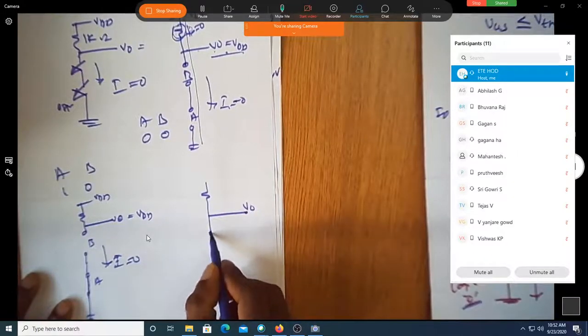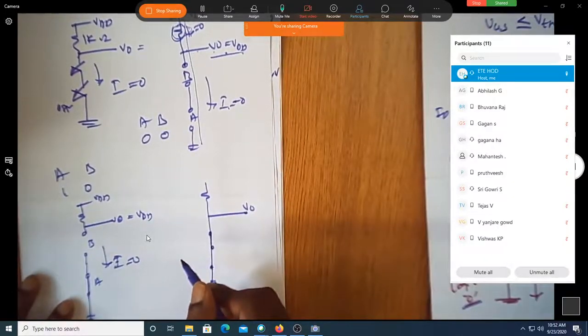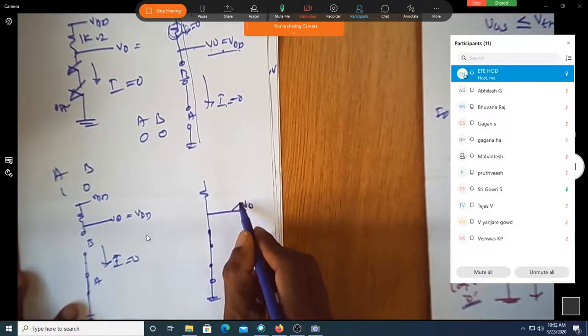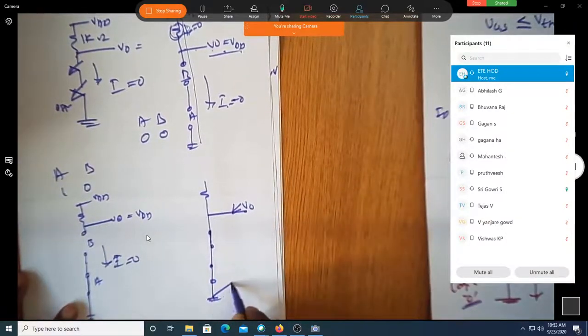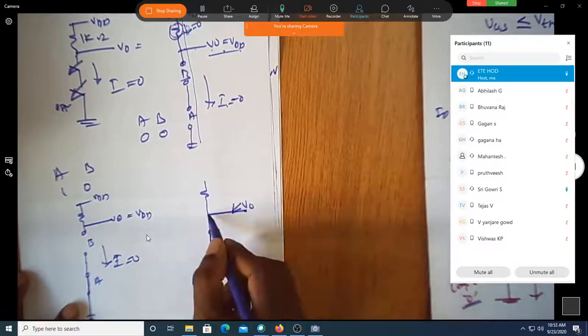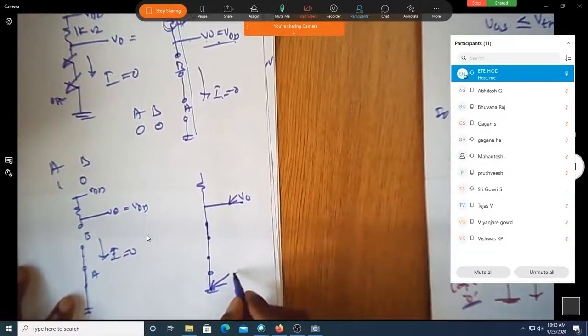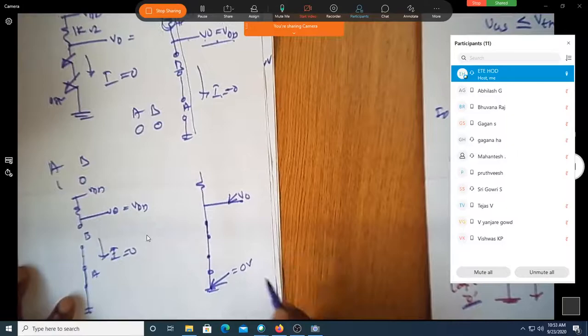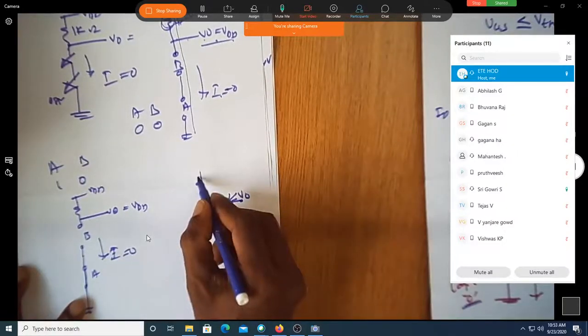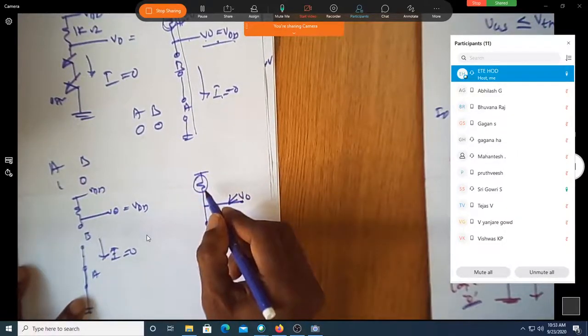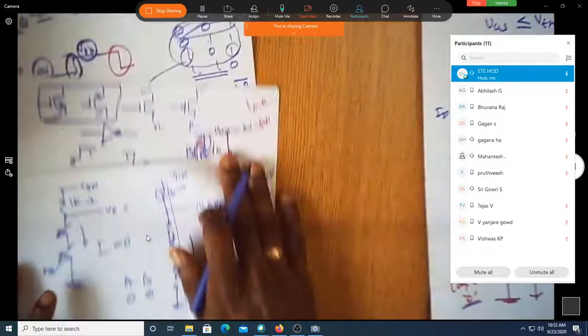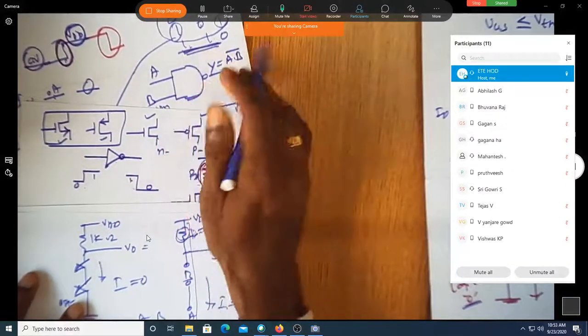See, they are shorted now. The voltage that you are measuring is the same voltage that you are measuring at this point because it's a short. Then what is V0? Shall I say V0 is 0 volt? So when it is 0 volt, the entire drop will happen here. So that is the condition for the last case.